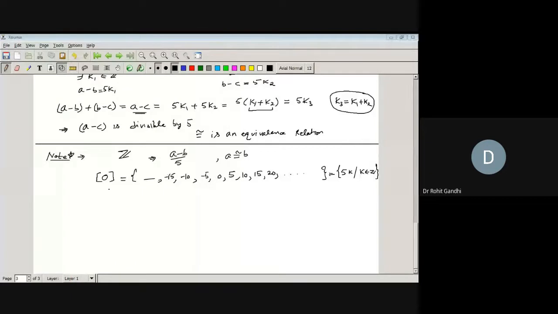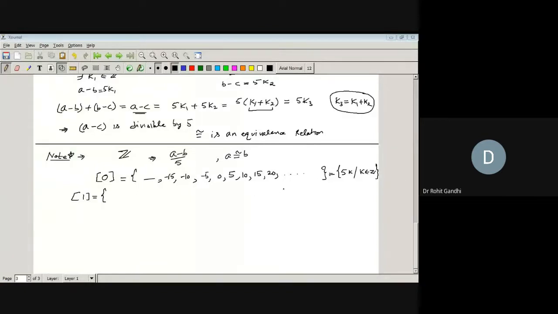Here, all the elements related to 0 we have written in this set. So this is the equivalence class of 0. Now, suppose I am talking about 1, the equivalence class of 1.